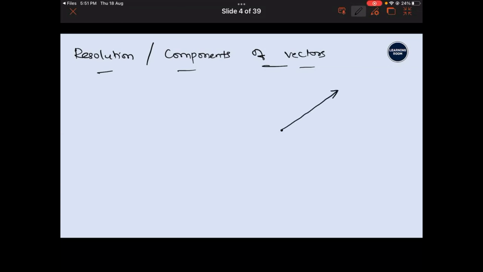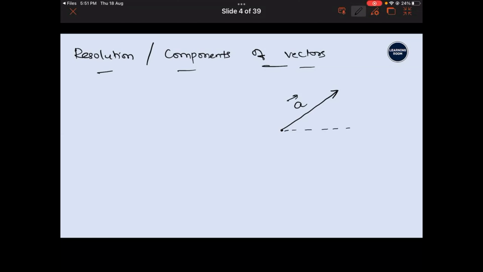So one last concept left out with respect to vectors is resolution, or components of vectors. There is a vector A like this, right?